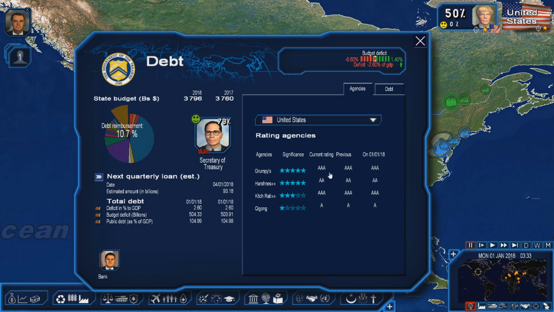And then Fitch ratings is basically they go off of the strength of your national currency. So like they go off of how much the dollar is actually worth and your inflation rate and stuff like that. And then Qigong is about operating expenses for your public services.